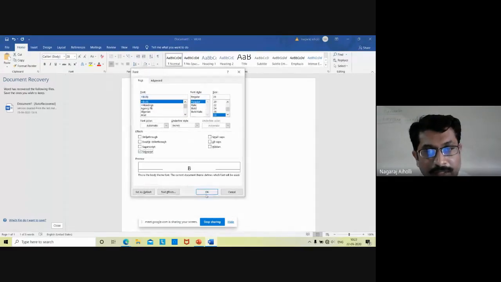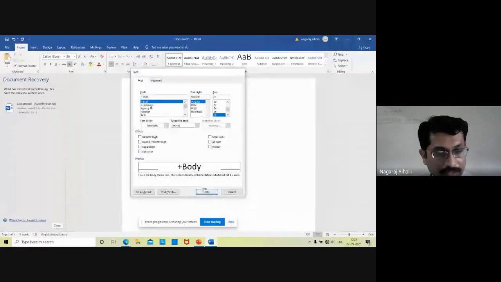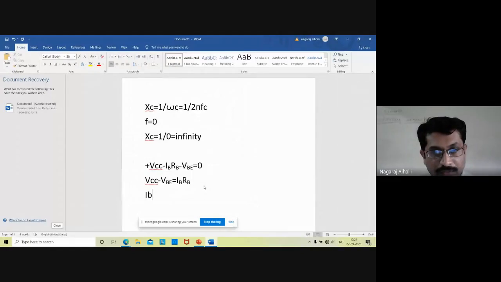If I arrange the terms for IB, then IB will be equal to VCC minus VBE divided by RB. So this is the equation that we get for IB: IB is equal to VCC minus VBE divided by RB.